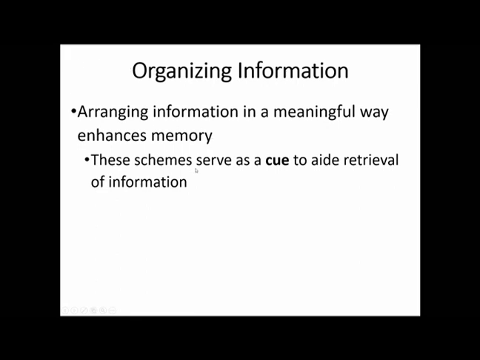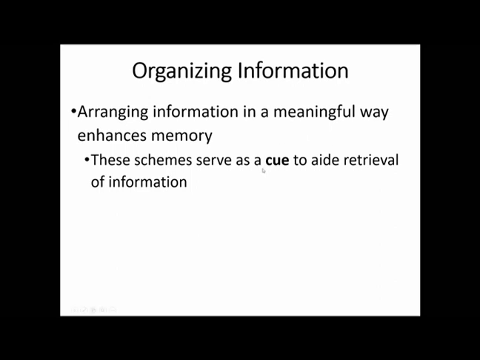And this scheme can serve as what's called a cue to help aid in retrieval of information. So my scheme would be remembering a recipe. So I can remember I'm here for French toast, and I know the stuff that I need to make French toast.